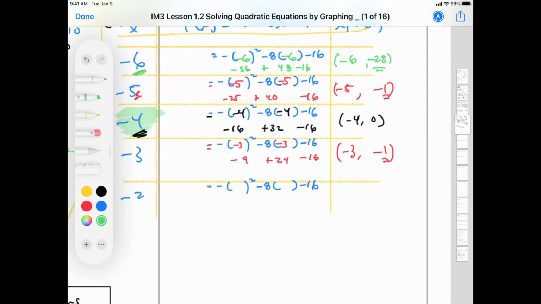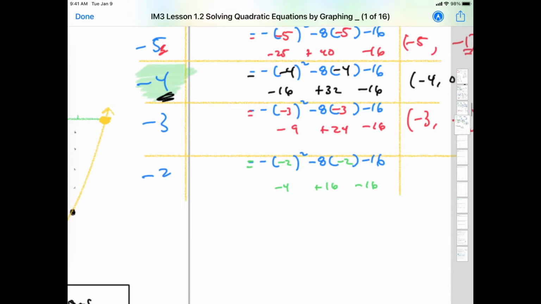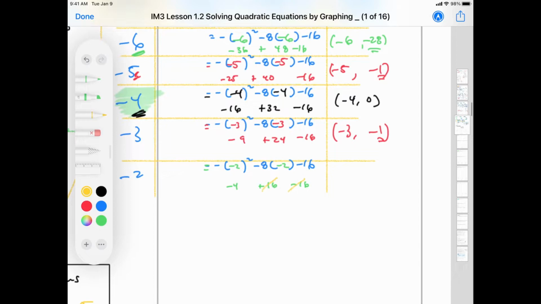So we got a -2. That becomes positive 4, -4, positive 16, -16. Okay, that's bad. I think that's 0, and this one comes -4.